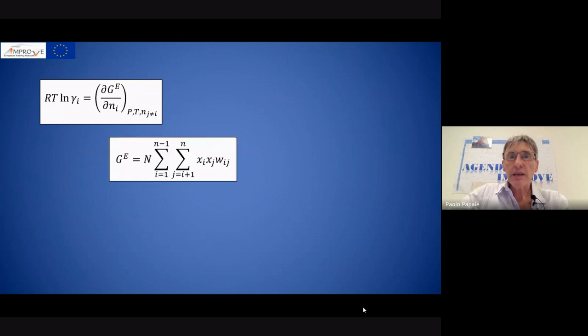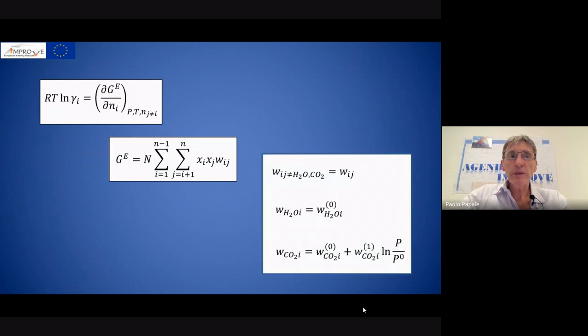In turn, the excess Gibbs energy is described as an expansion in binary interaction parameters, and we have come to the conclusion that the binary interaction parameters are simple coefficients when they do not involve volatiles and when they do involve water, while they are expressed as a function of pressure when they involve carbon dioxide. We can therefore operate the partial derivative and finally obtain the activity coefficients of dissolved water and dissolved carbon dioxide.